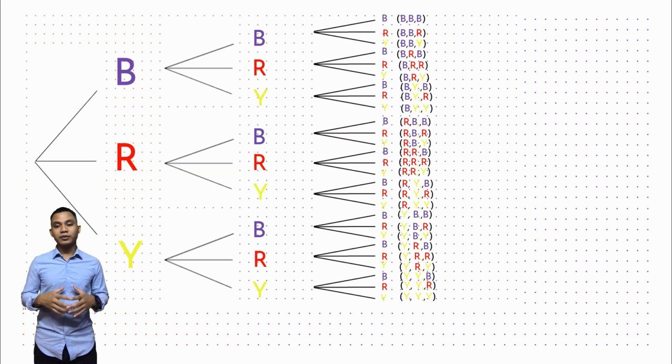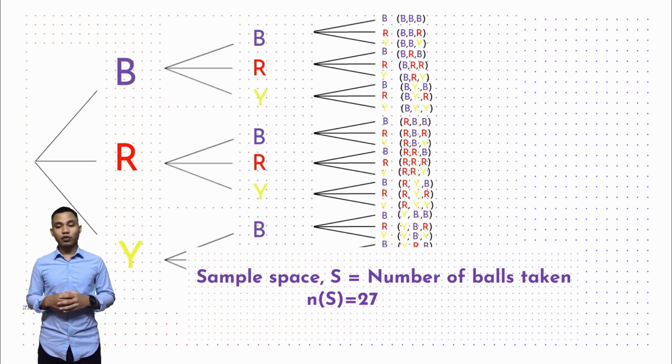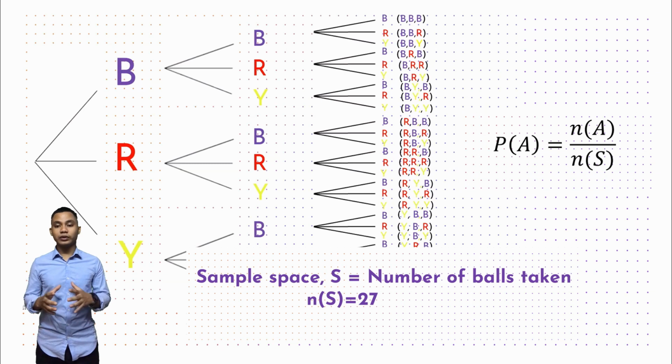Based on the tree diagram, we can know that the sample space S is the total of combinations, which is 27. Based on the formula that Azam stated earlier while we were planning the strategy, probability is equal to event over sample space.